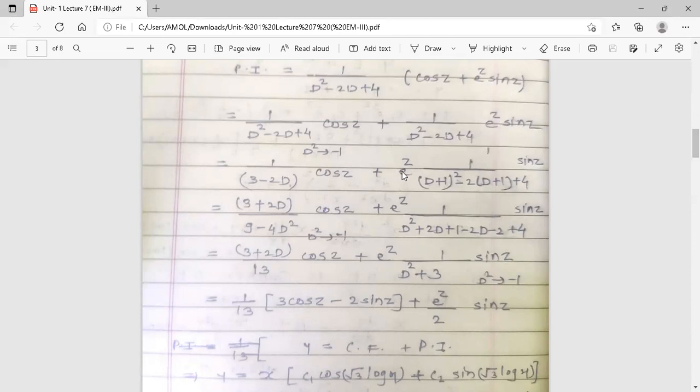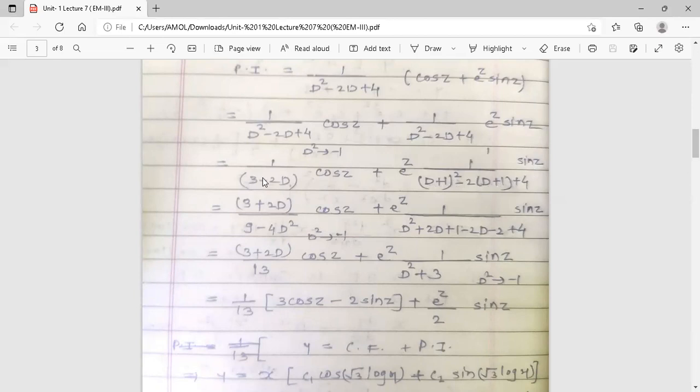So e raised to z stays as it is, the coefficient of e raised to z is 1, and we replace D by D plus 1 in every term. So the denominator is D plus 1 whole squared minus 2 into D plus 1 plus 4, into sin z. Now solve for the exponential function first.